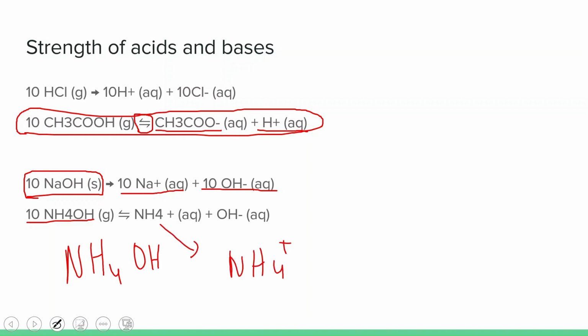So what would this be? This is a weak base because there is partial ionization, right? That's it. So in summary, strong acids and strong bases are those which undergo complete ionization, while weak bases and weak acids are those which undergo partial ionization.